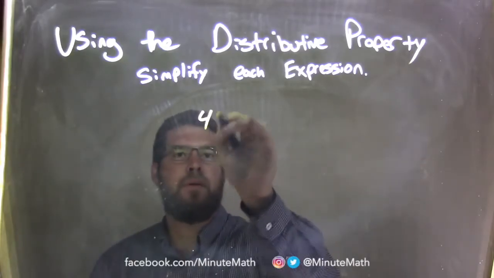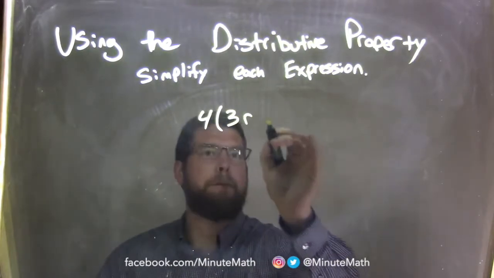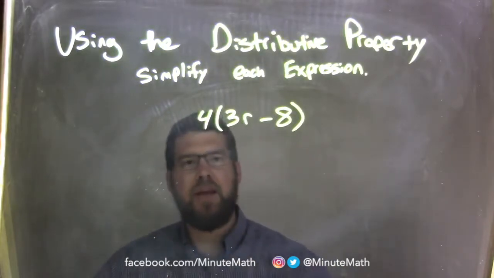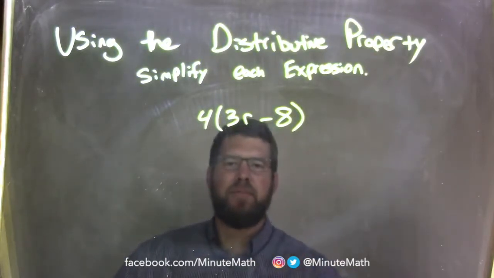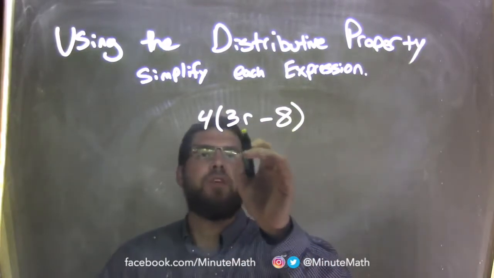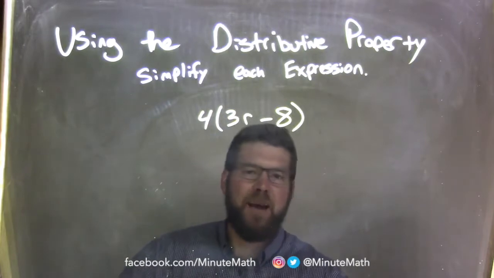4 times 3r minus 8. So 4 times 3r minus 8. Well, 3r minus 8 is inside the parentheses. You would think we want to deal with that first, but that would be false because they're not like terms. We cannot simplify it. We cannot combine them.